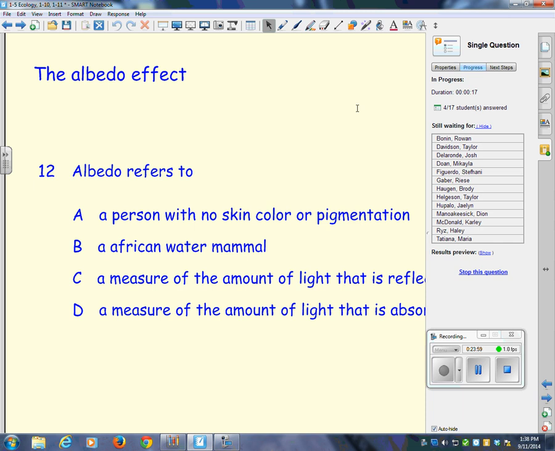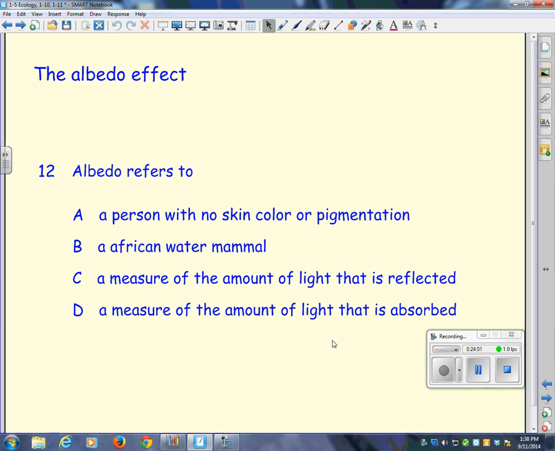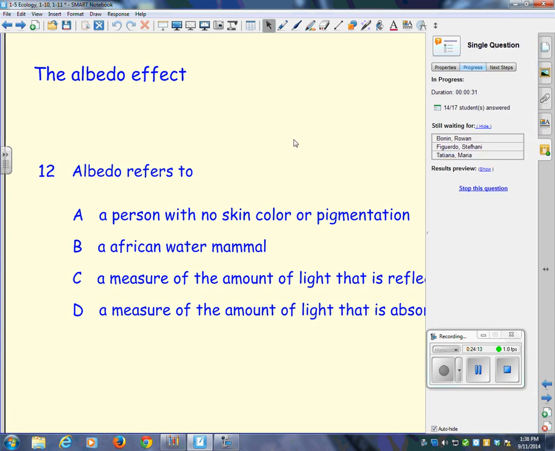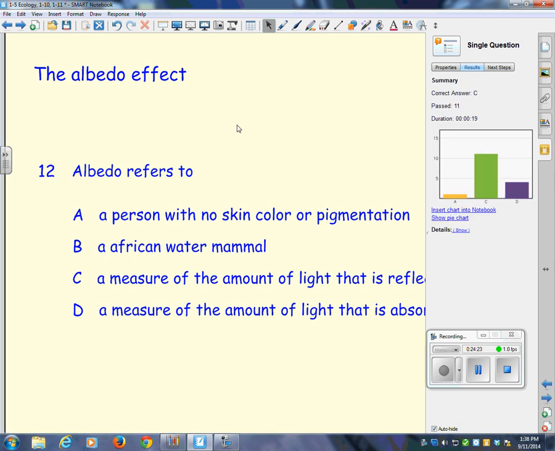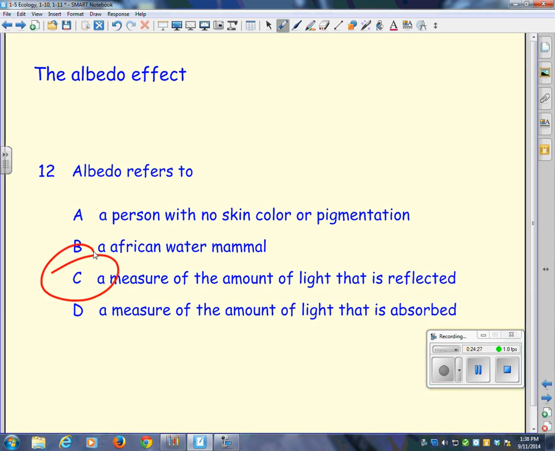Is it a measure of the amount of light that is reflected, or a measure of the amount of light that is absorbed? Albedo refers to the amount of sunlight that is reflected. Exactly.